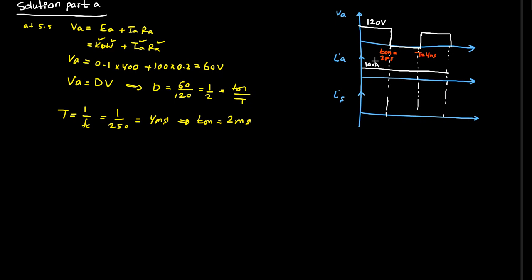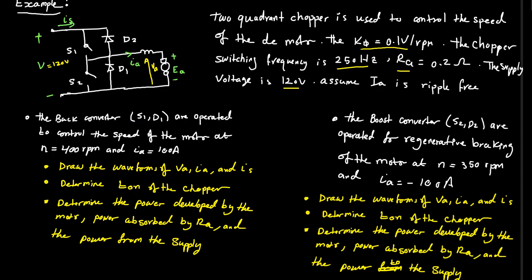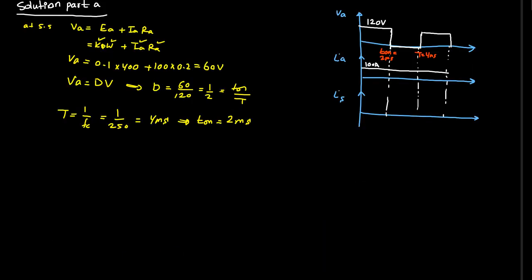When the switch is conducting, then the current will flow from the supply to the machine. When the diode D1 is conducting, then the current will freewheel via the diode, and there is no current flowing from the supply. So this means that IS will take the IA shape only if the switch S1 is on, or through the T on.